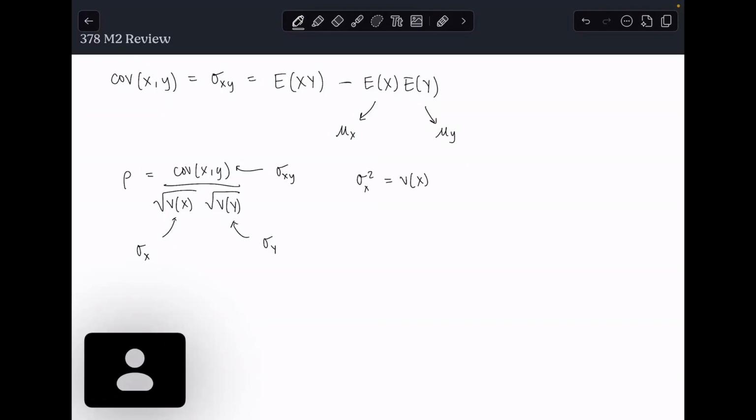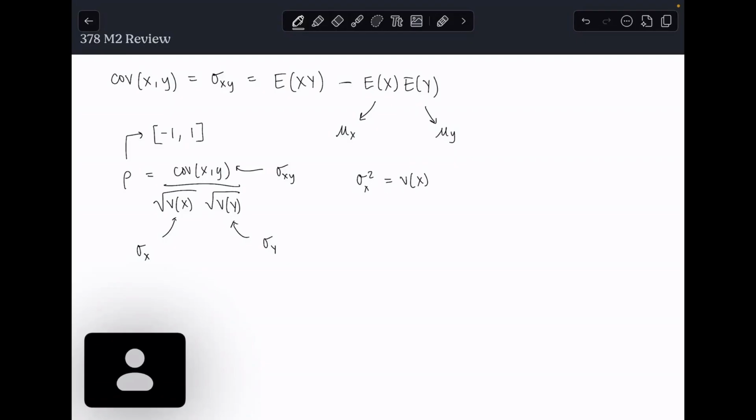Another important thing is your correlation is always bounded between -1 and 1. If you have 0 correlation, what is the correlation coefficient going to equal? 0, right? And if you have a perfect positive correlation, what's the correlation coefficient going to equal? 1, exactly. And the opposite, a perfect negative correlation, would be -1.